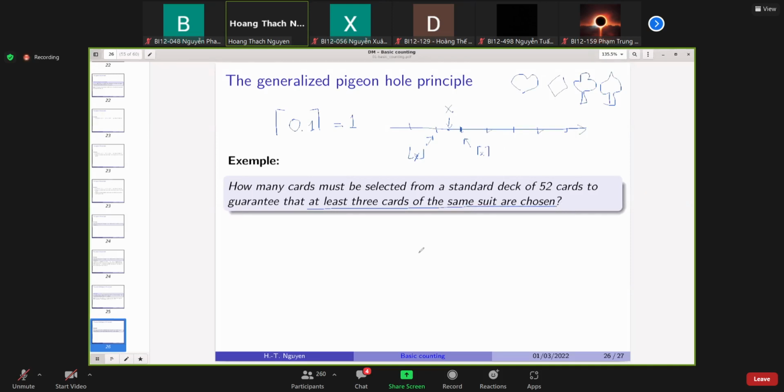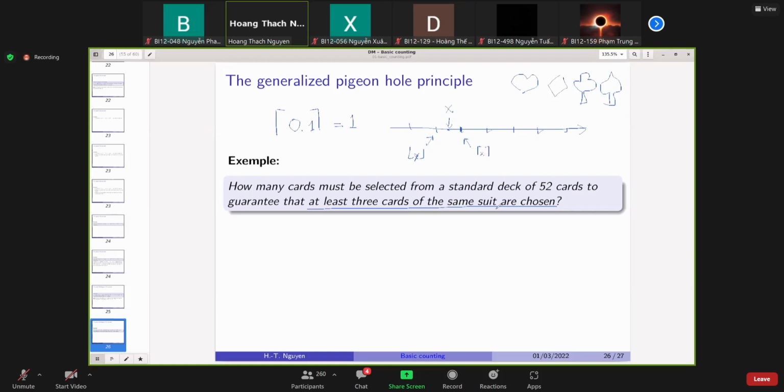So basically, here is an application of the pigeonhole principle. But you can look at the pigeonhole principle in another way. In order to guarantee that there are at least 3 cards of the same suit, you can try to find the worst case in which there are not 3 cards of the same suit.